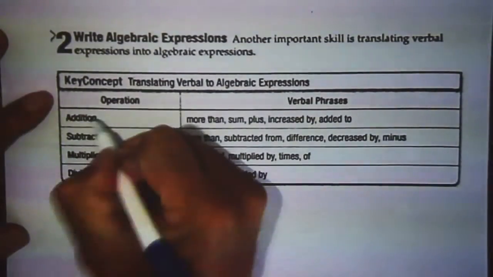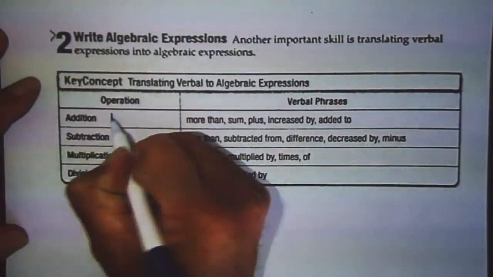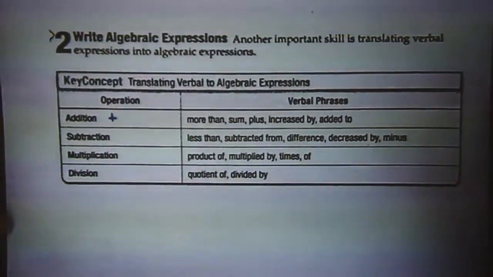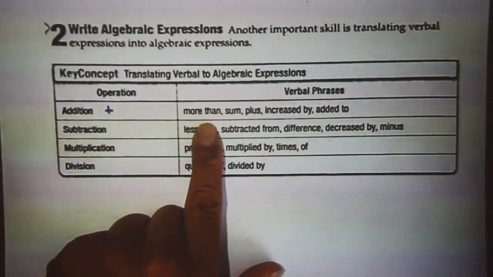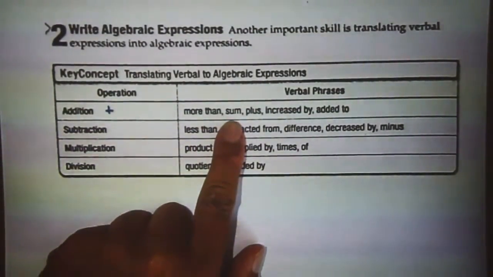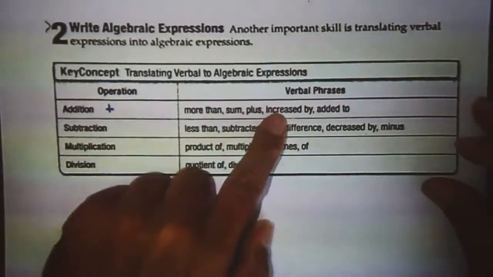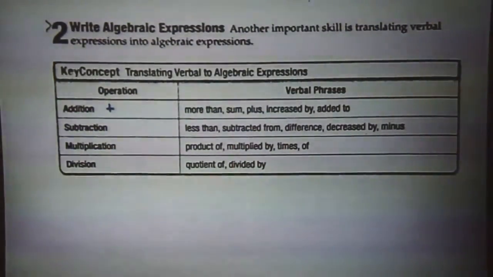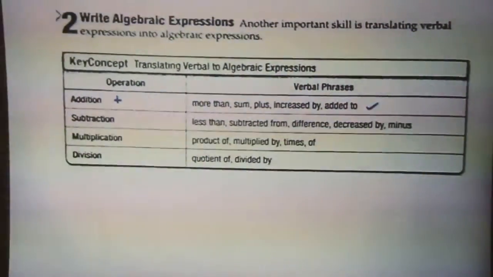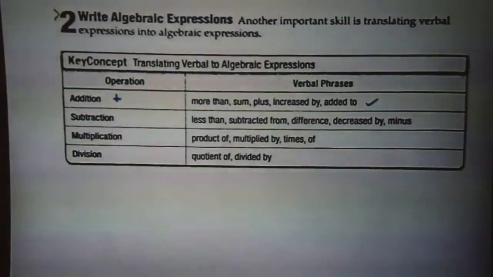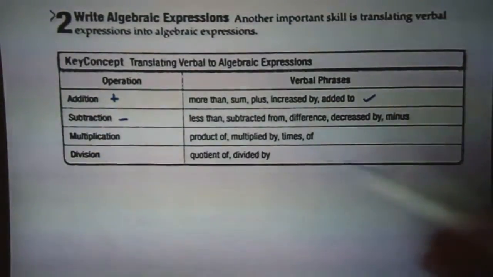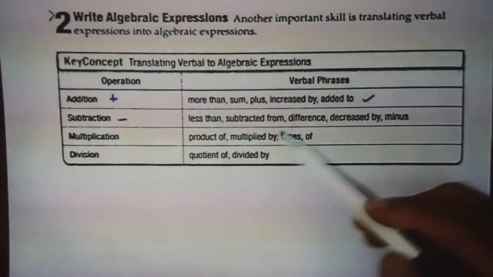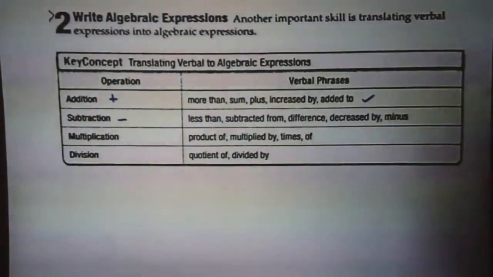If you're describing addition, the key words you would see are phrases like more than, the sum of, plus, increased by, added to. All these phrases imply that you're going to be using addition. If you're going to be subtracting values, you would see phrases such as less than, subtracted from, difference, decreased by, or minus.